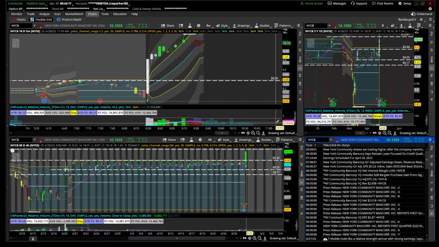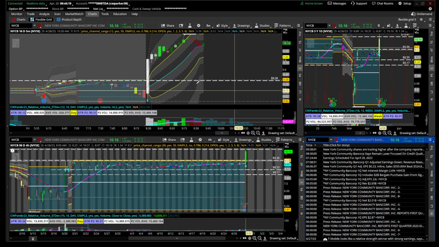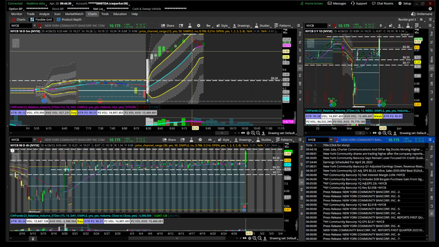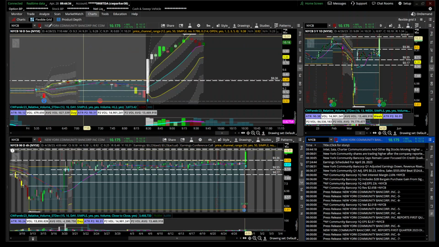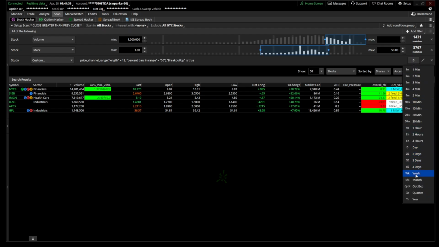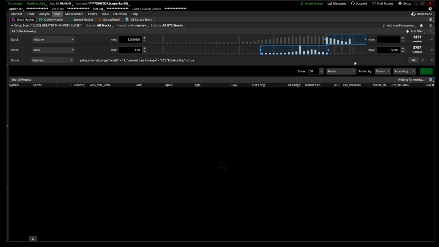And this is what it looks like, usually how I'm trading. And you can see it came back to its average. And here's your divergence point, when the price is trending up and the volume is trending down. That's why that's purple.